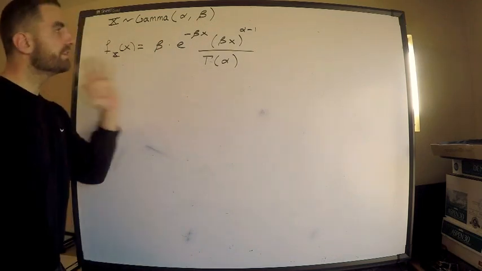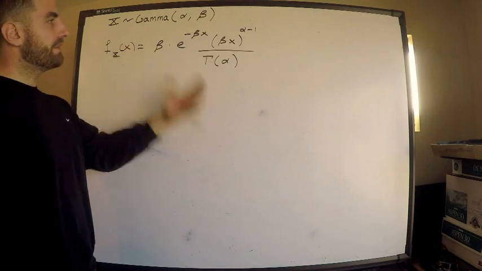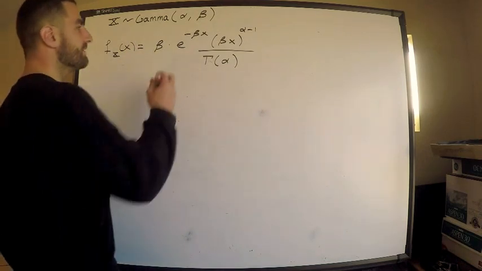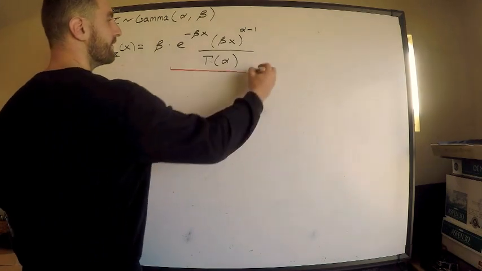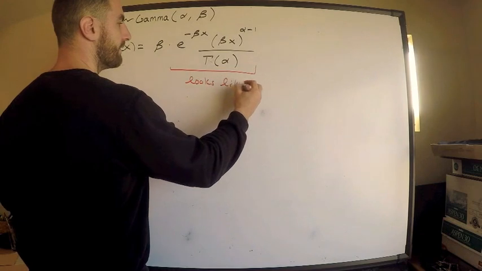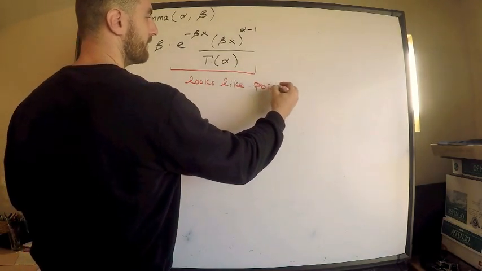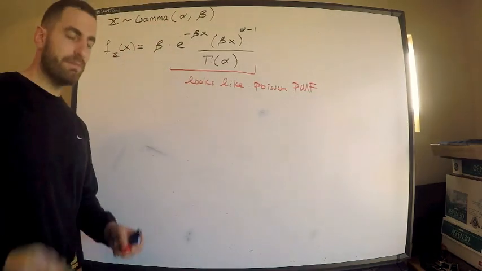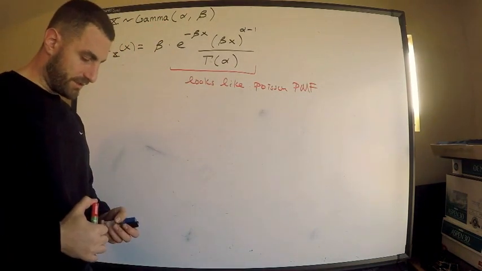So this is sort of the generalized version. A lot of people don't think of it this way, but this is a nice way to think about it. And again, let me point out, this looks like the Poisson PMF.